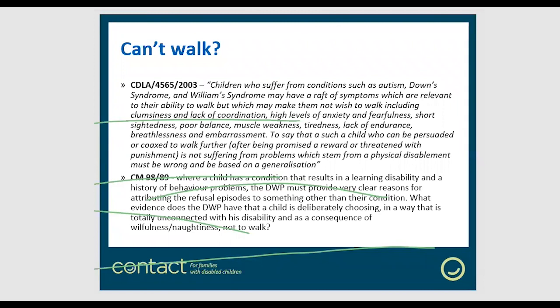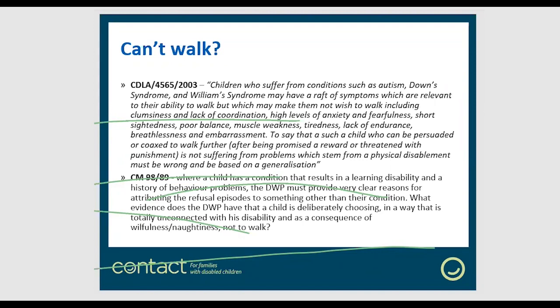And then in another decision, similarly, the judge said that where a child has a condition that results in behavioral problems, the Department of Work and Pensions must provide very clear reasons for attributing the refusal episodes to something other than their condition. What evidence does the DWP have that the child is deliberately choosing not to walk in a way that's unconnected with their disability?